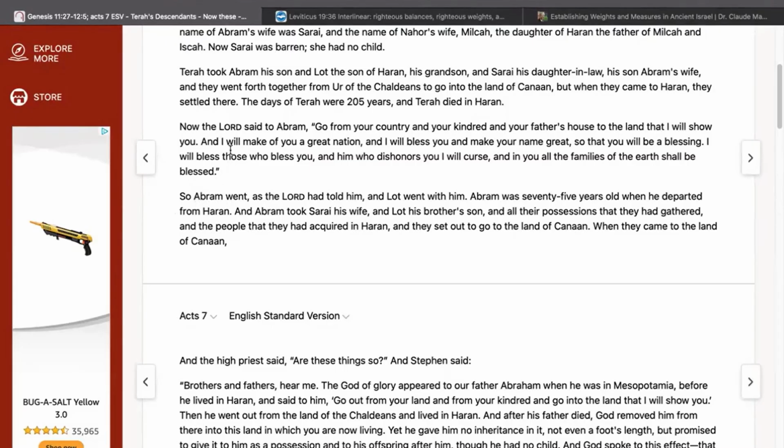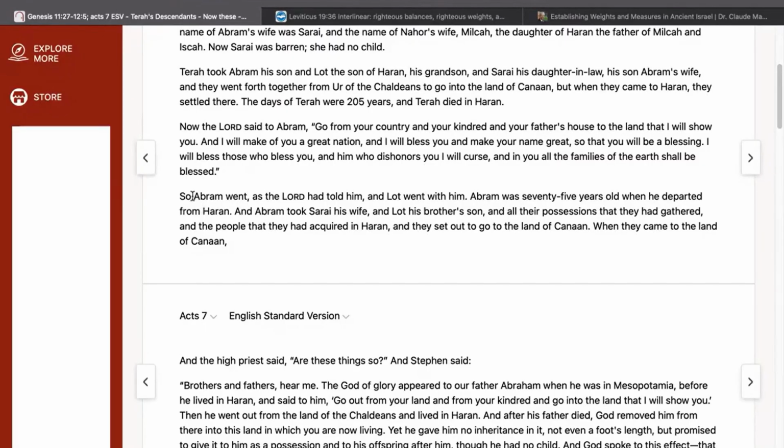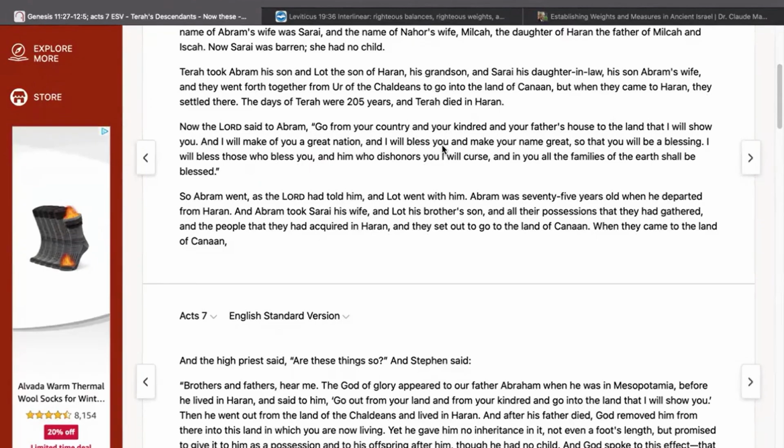Because it says, go from your country and your kindred and your father's house to the land. And here it says Abram went as the Lord had told him. So if he goes as the Lord has told him, then he's leaving the country, his kindred and his father's house, right? So Abram's leaving, then it says Lot went with him, right?